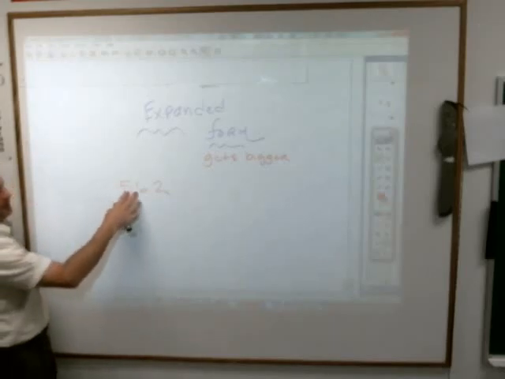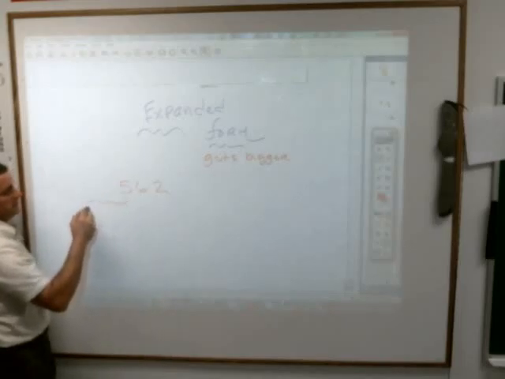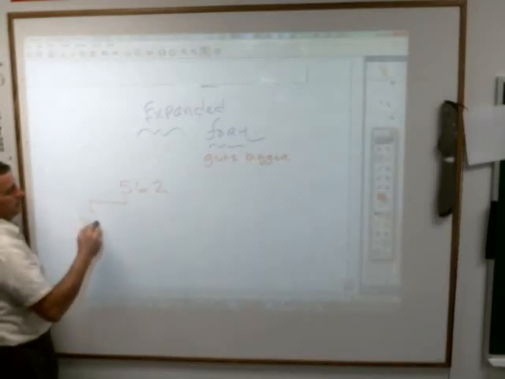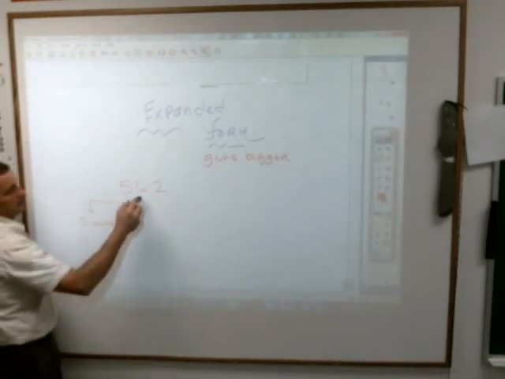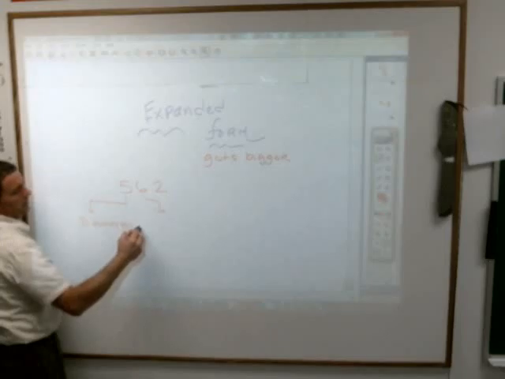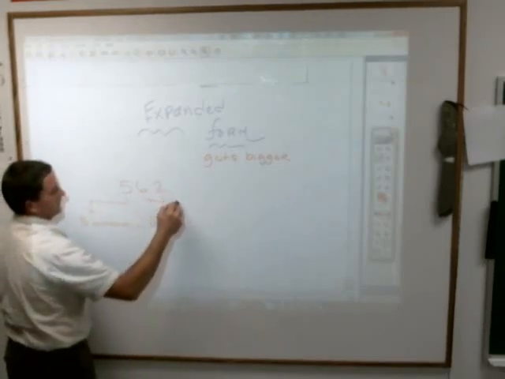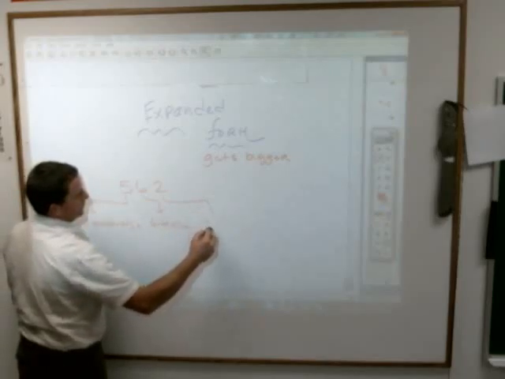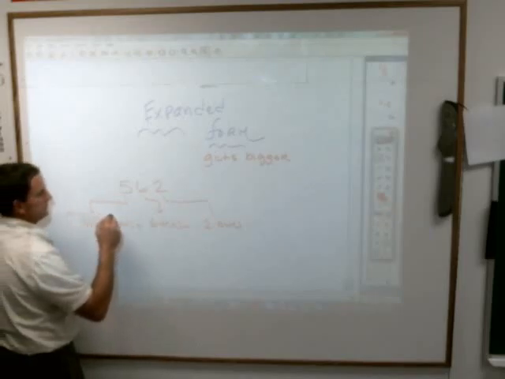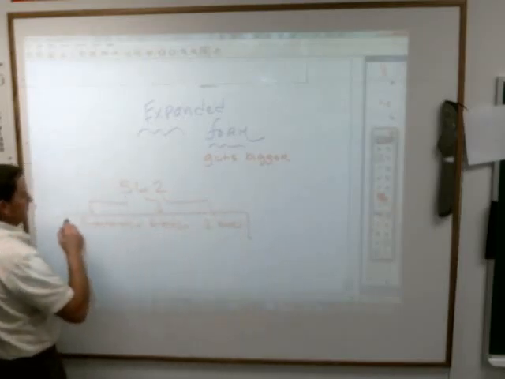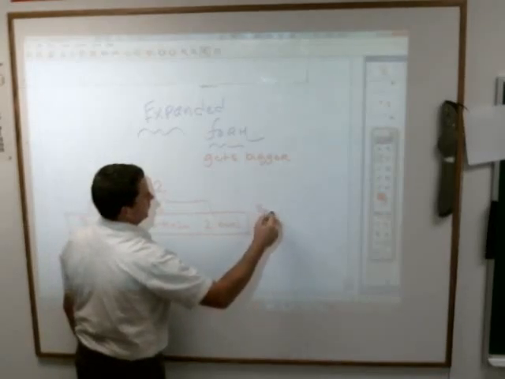Because of the place where it's at, you probably already know this 5 stands for 5 hundreds, and this 6 stands for 6 tens, and this 2 stands for 2 ones. And this right here is what the book is talking about when they talk about expanded form.